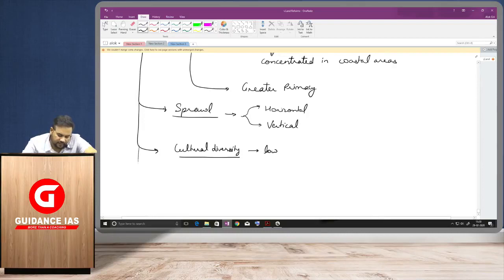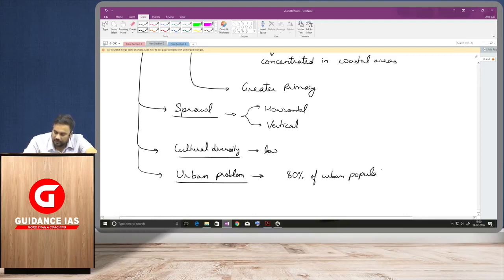But there is a distinctive urban problem. वहाँ पर हमने देखा था cultural assimilation. But यहाँ पर the main urban problem is that out of the total urban population, 80% is living in slums. 80% of the urban population resides in slums.